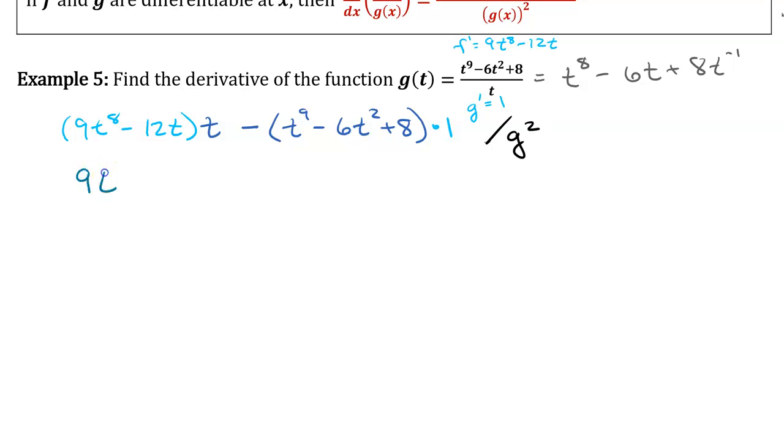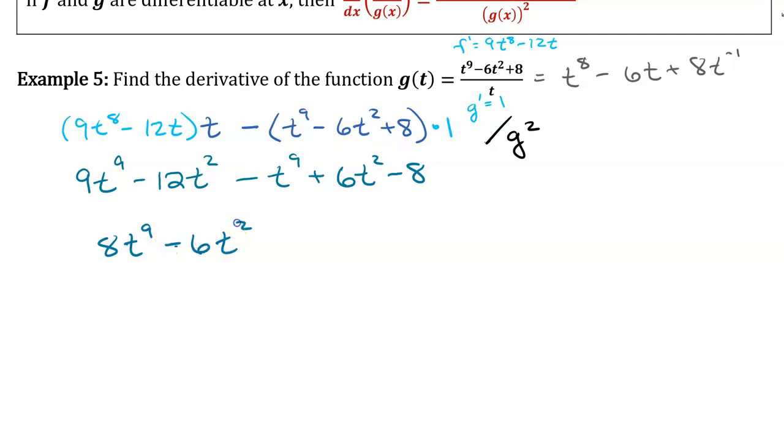So we have 9t to the 9th minus 12t squared minus t to the 9th plus 6t squared minus 8. Combine like terms. So I have 8t to the 9th minus 6t squared minus 8.